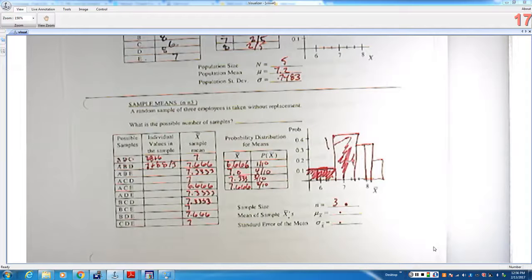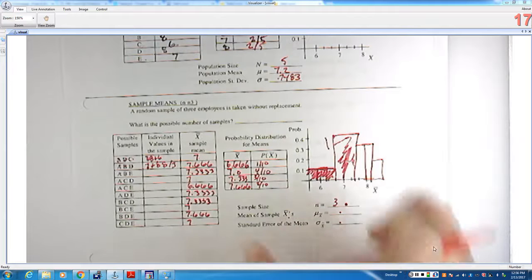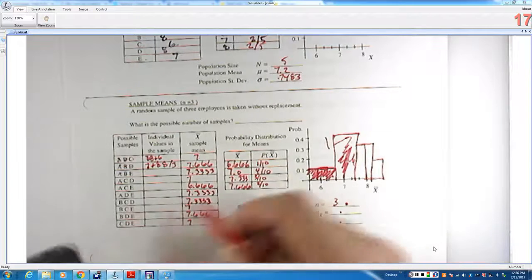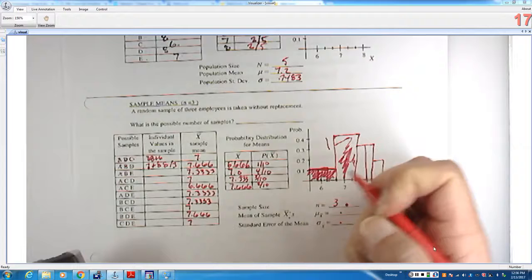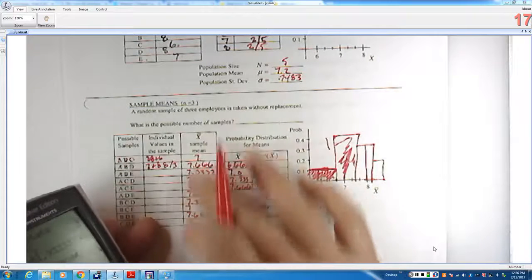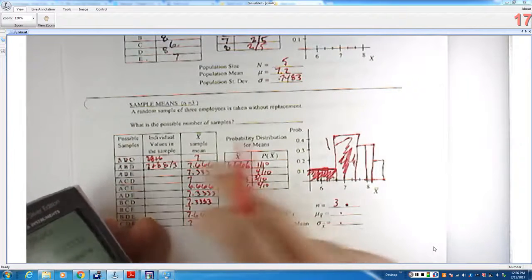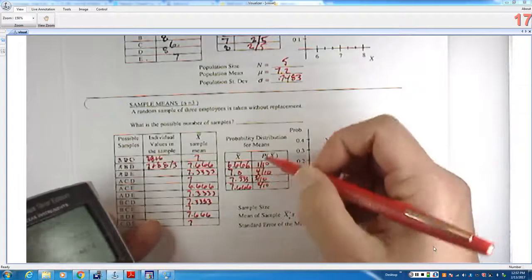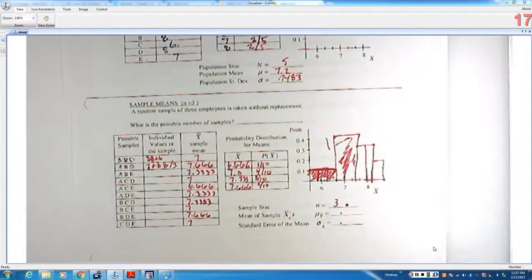I just want you to see if you can understand that, because basically, we took samples out of this population, okay? And we found that if we took these samples, we found just 4 variables, and we found probabilities for each one of those variables, right?